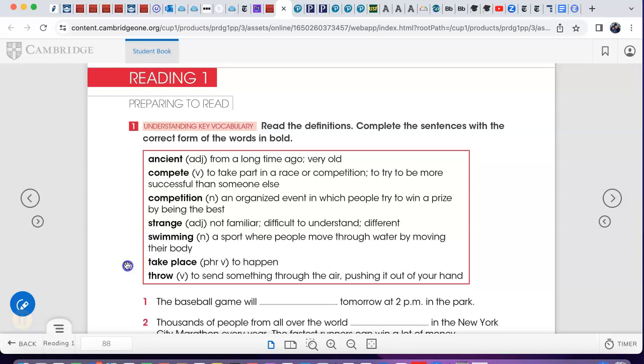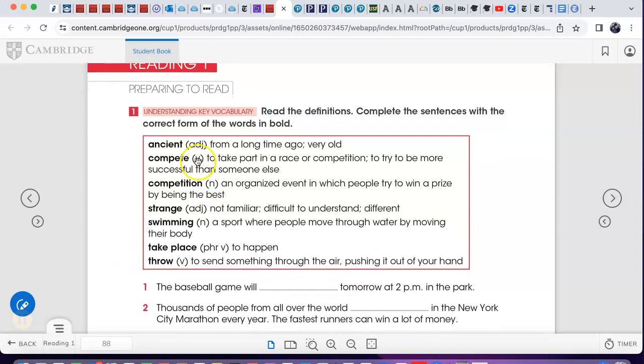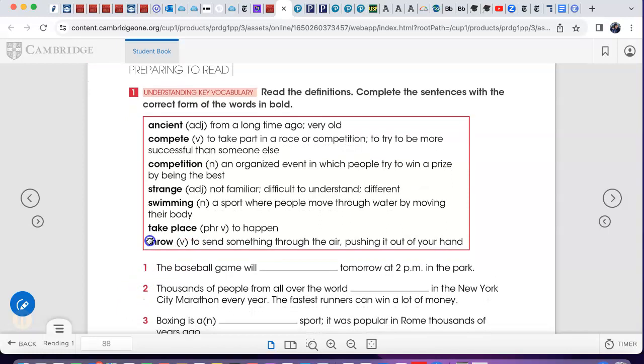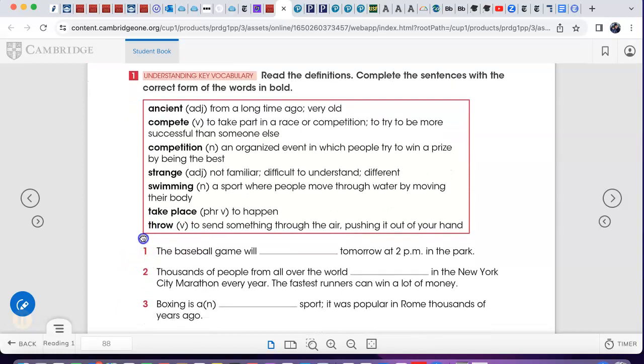Again, we're talking about sports. So we have a lot of verbs here relating to competition, right? And sports. So take each one of these words, key vocabulary terms, and you're going to fill in the blank according to your context clues, the words in and around. We call those collocations.